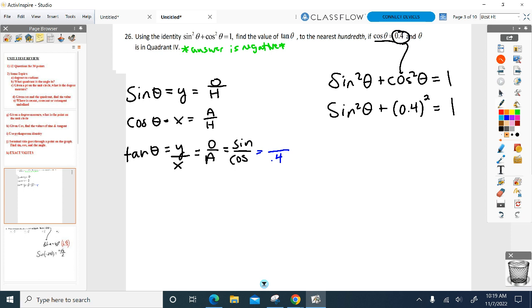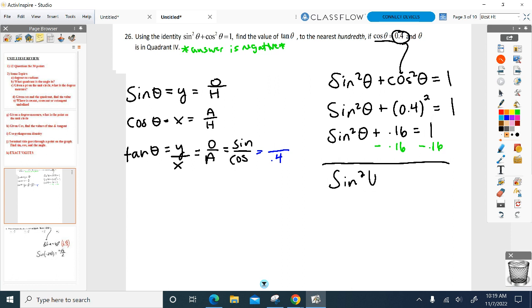And now your algebra skills take over. 0.16, if I remember from last period. All right, next move. Subtract it over, yep. Is that 0.84?